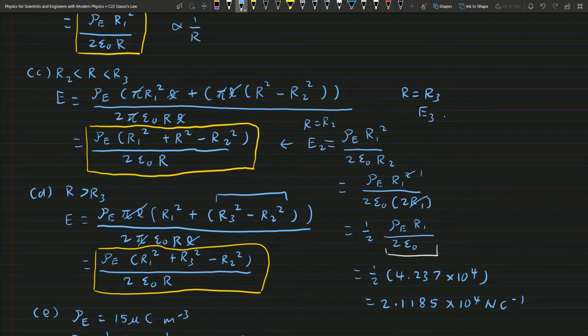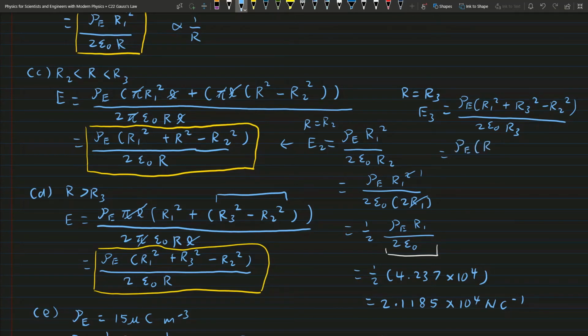So E3 will equal rho E, R1 square plus R3 square minus R2 square over 2 epsilon naught R3. Now we write R3 and R2 in terms of R1.